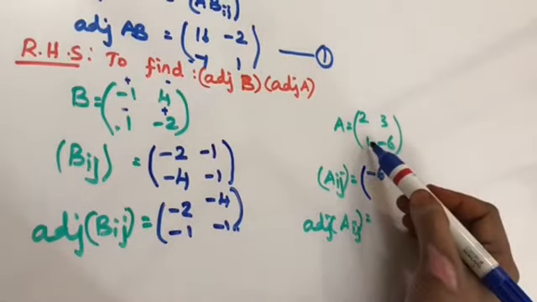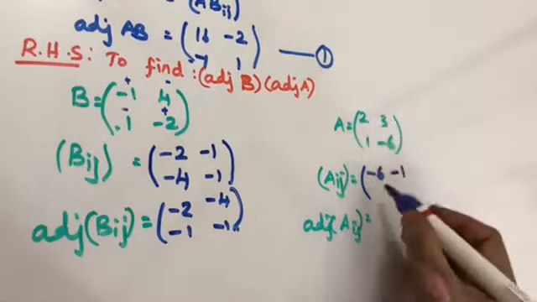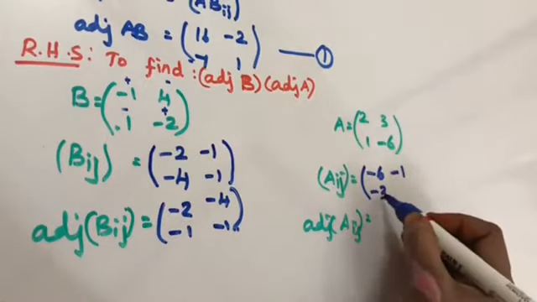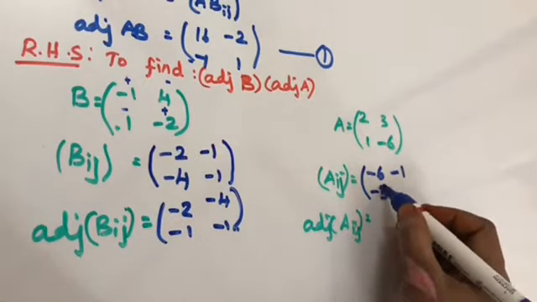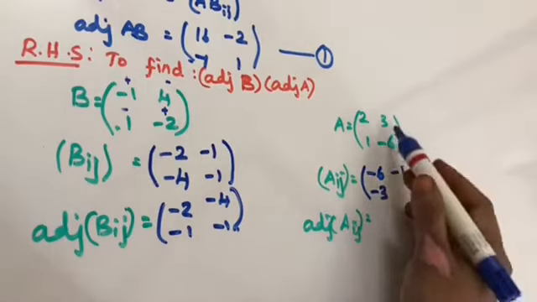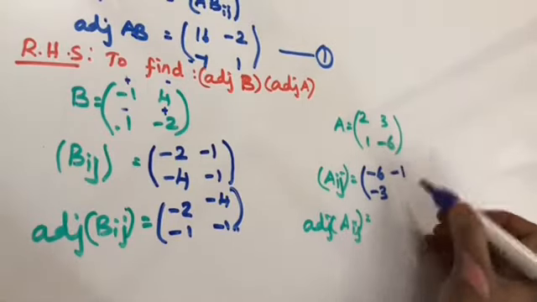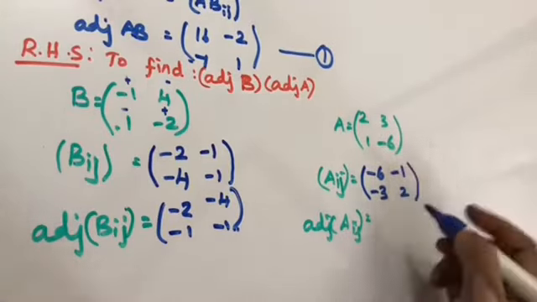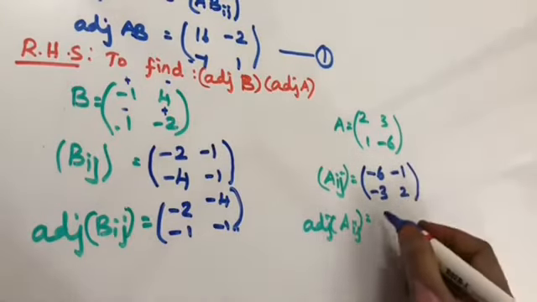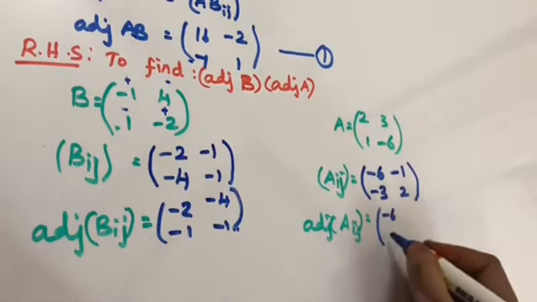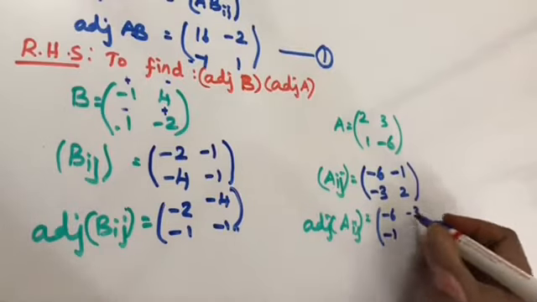What is the cofactor of 1? It is 3, but minus 3, because in this place it is negative. What about minus 6? It is 2. So adjoint A is the transpose of this: minus 6, minus 1, minus 3, 2.